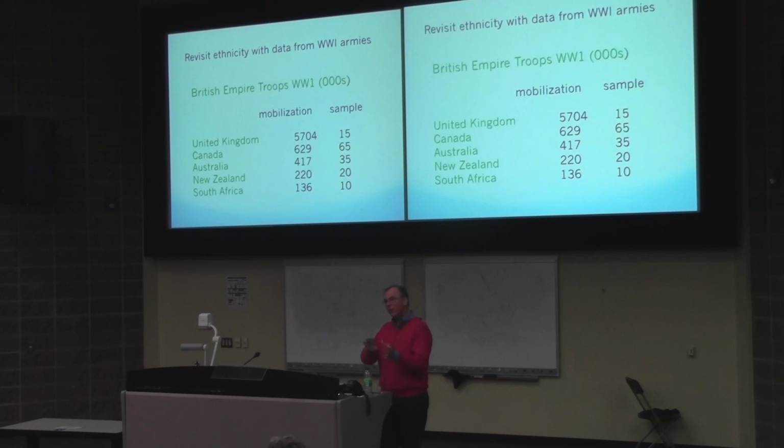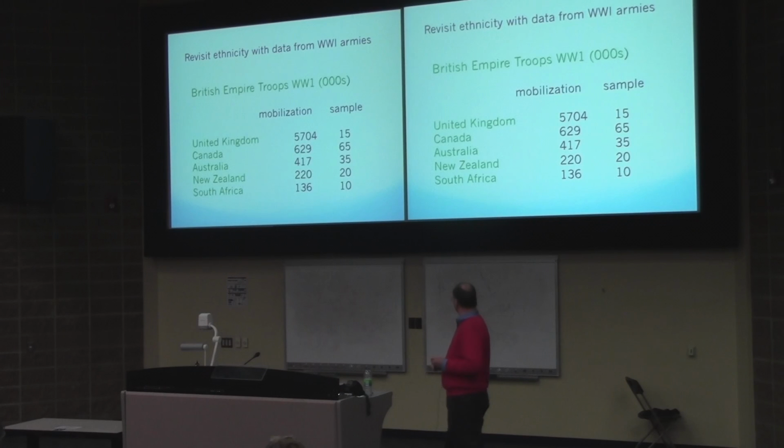So we can do the kind of comparison between European descended populations and indigenous descended populations, and even mixed race populations in different environments using World War I. You can see why there's a potential comparative dimension here. This does tell you the size of the enlistment in various societies and the data that I'm using here.